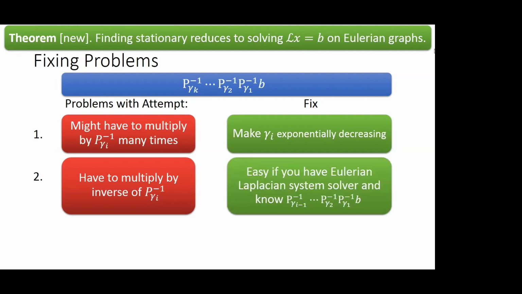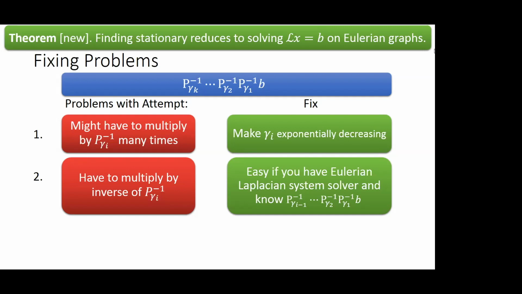And so the fix of this is that if we want to just multiply by the inverse of these matrices, it turns out that it's actually easy to do this, provided that you have an Eulerian Laplacian linear system solver, so we can solve Lx equals b on arbitrary Eulerian graphs, and provided that we know the suffix of this product all the way up to p inverse of gamma I minus 1.